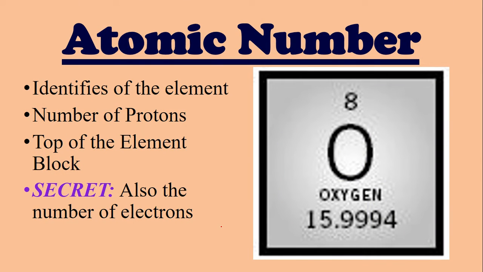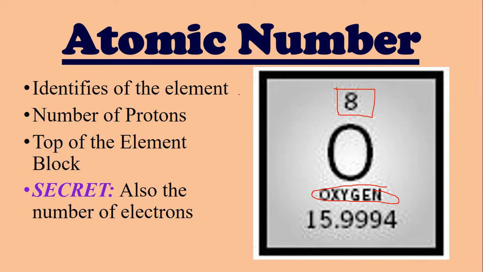Now, since we now know about protons, electrons, and neutrons, we can look at a periodic table. Over here in this picture, this is called an element block. It has all the information about different elements. This element is oxygen. But we're focusing right up here at this number 8. That number is the atomic number, and it identifies the element.